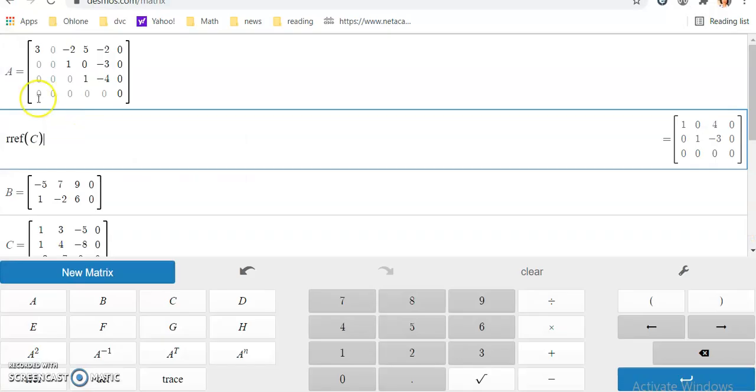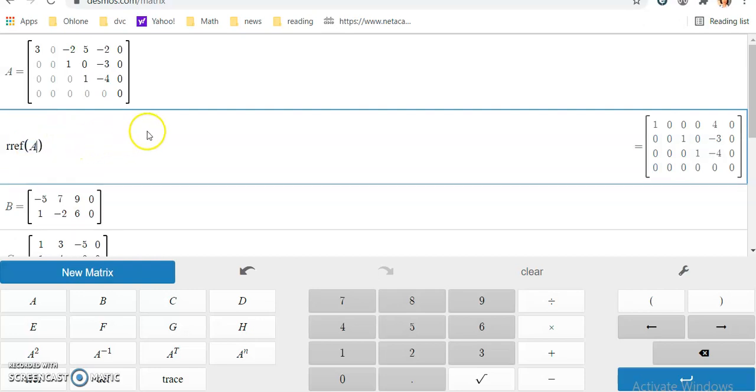Okay, so I'm going to just do a row echelon of A. Oh gosh, it's really big. So it becomes 1, 3, 0, 4, 0, 0, 1, 0, negative 3, 0, 0, 0, 1, negative 4, 0, and the last row is all 0.